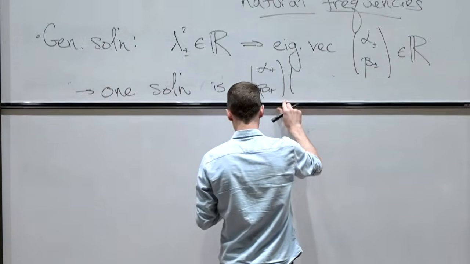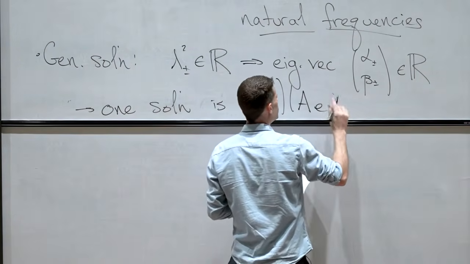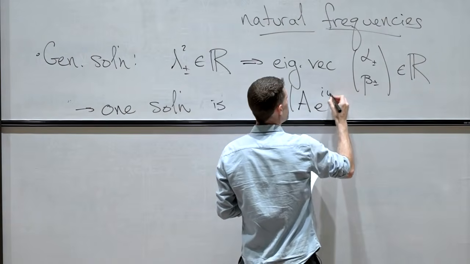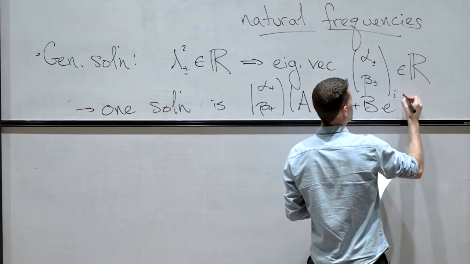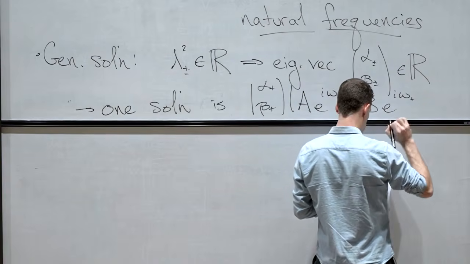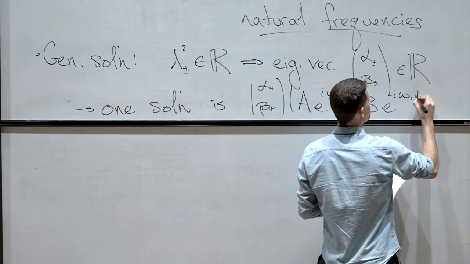Oh, okay, we'll write it that way for now, is a e to the i omega plus t plus b e to the i, sorry, minus omega plus t.